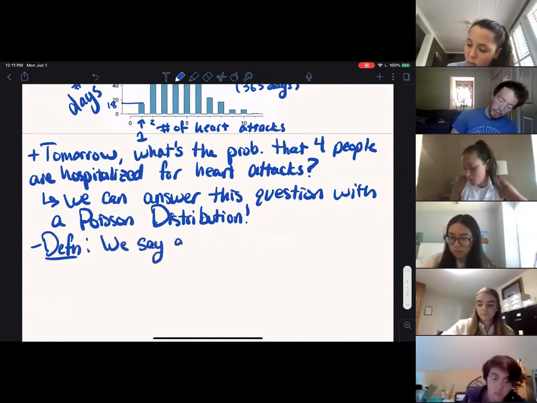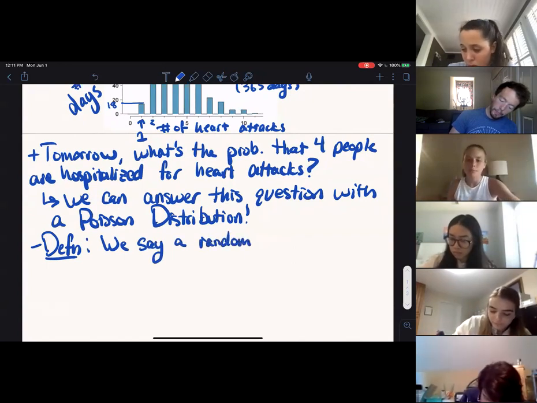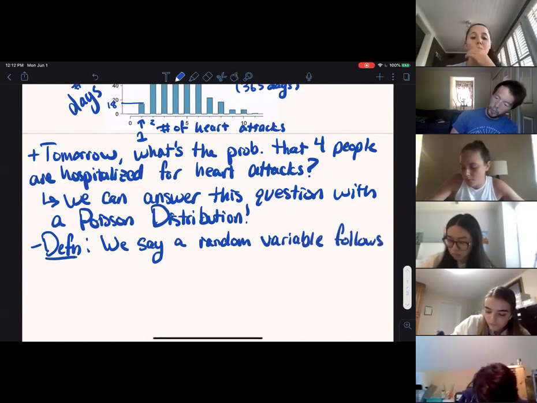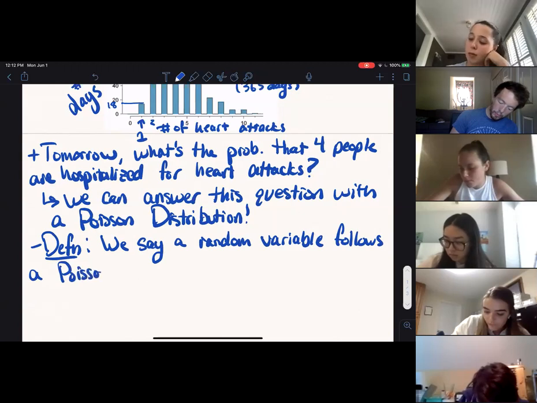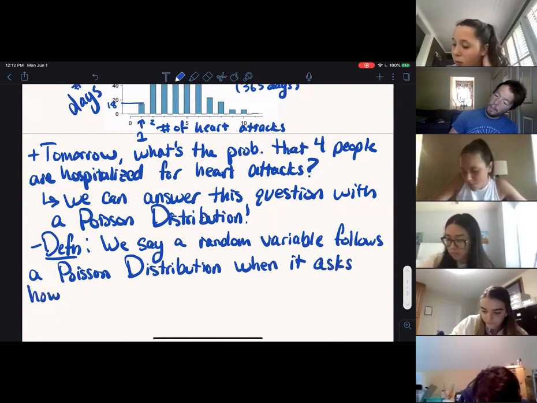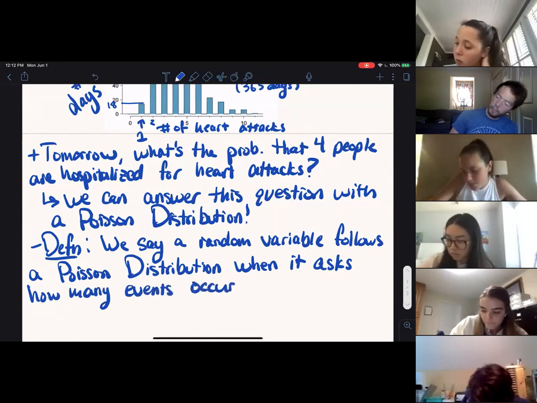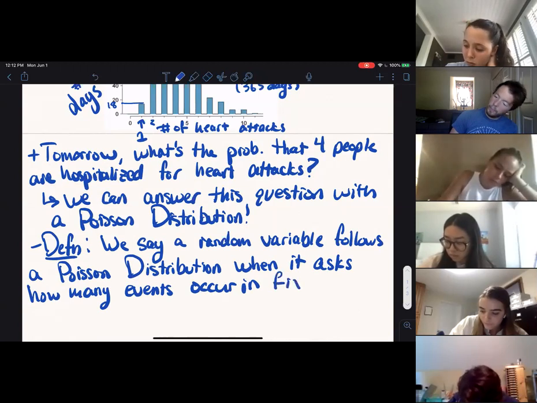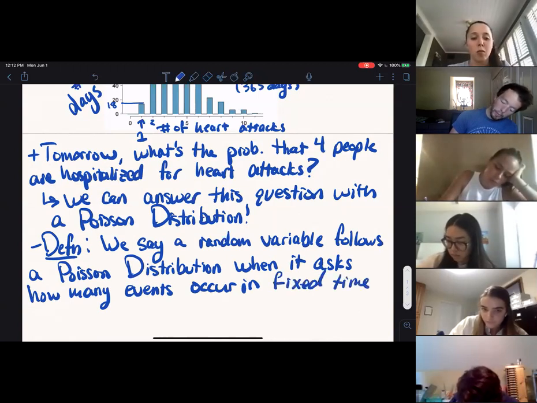We say a random variable follows a Poisson distribution when it asks how many events occur in a fixed time interval.